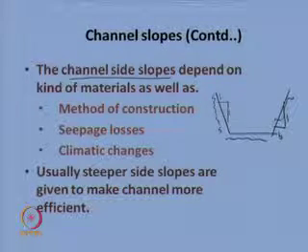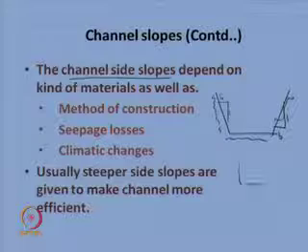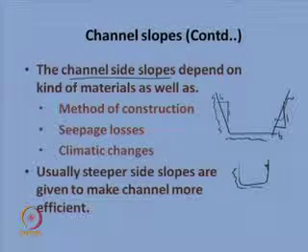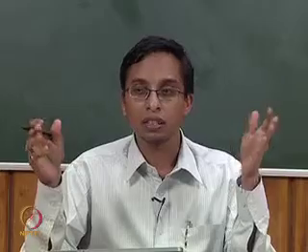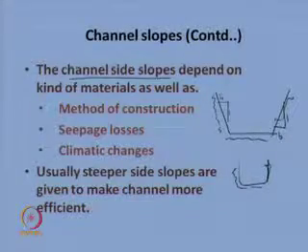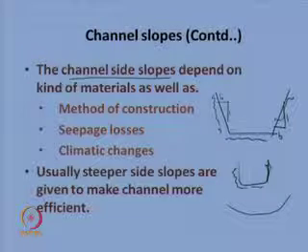This ratio 1:b of the side slope. If it is a rock, you can almost keep the channel side slopes vertical. If it is a very loose sand soil, you may not be able to keep it vertical, then you may have to give some side slopes. So, it differs based on different materials.